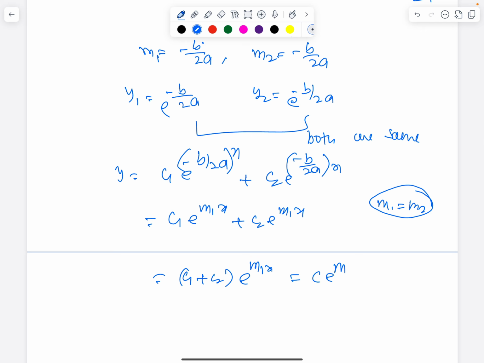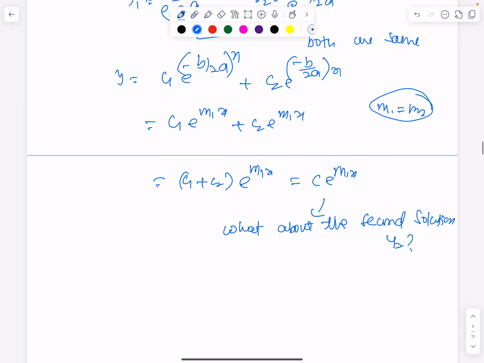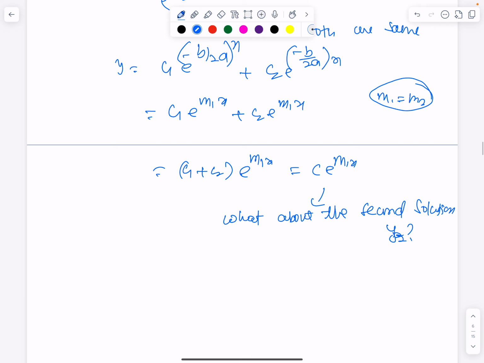But what about the second solution? To get the second solution that is missing here, we are introducing a solution form y is equal to c1 e^(m1 x) plus c2 x e^(m1 x).